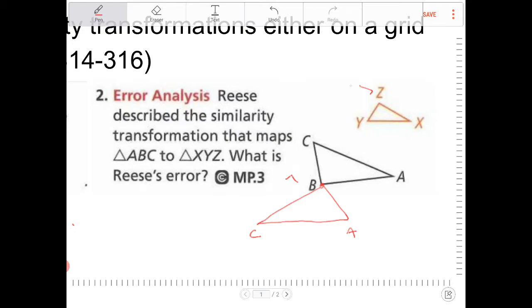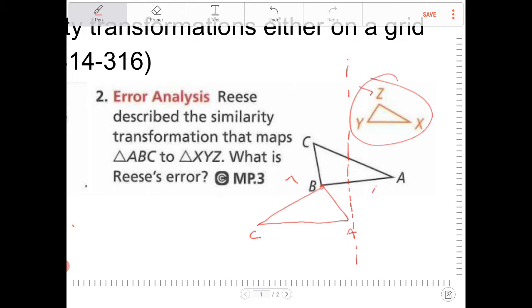Can you see that once we rotate this and then perform a reflection and then a translation, we'll end up over here? So one more time, if I reflect this over that line and then perform the translation, can you see that C corresponds with X, A corresponds with Z, and B corresponds with Y?